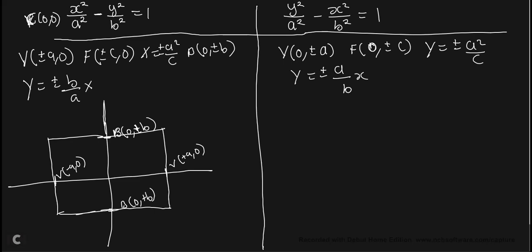Let's draw the line of the asymptote in this situation. So that's where the line of asymptote passes through, right? It passes through here.